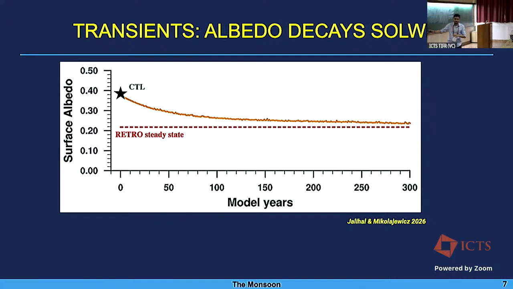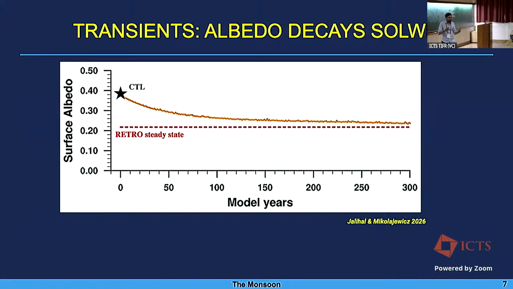This is surface albedo over the region of interest, Sahara and some parts of the Middle East. In year one, albedo is almost the same as control. Now you can see that it is exponentially decaying very slowly, and it reaches steady state over a very long period, multiple centuries. This is due to the gradual growth of vegetation over this region.